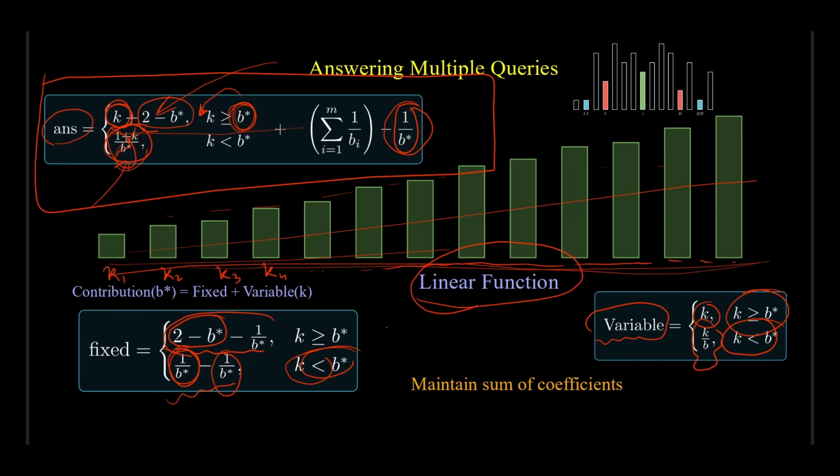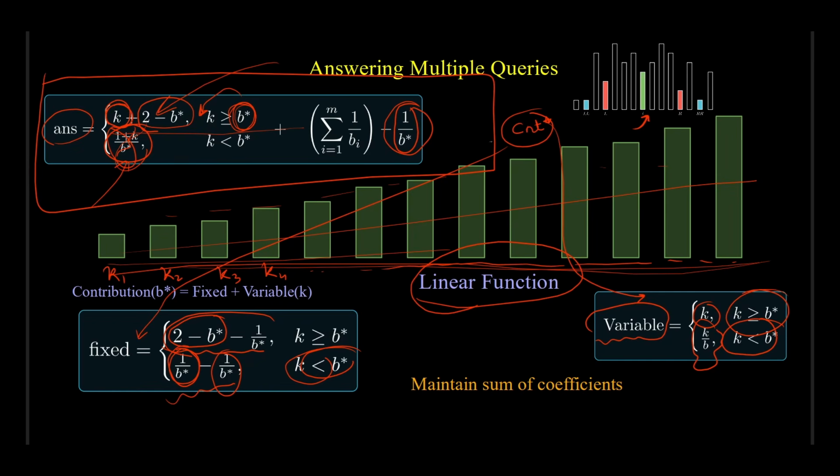Now if you are standing at this particular index i, and you are able to compute the number of subarrays in which this element will be the minima, suppose that number is count, then you know that the contribution of this element will be equal to count into this fixed part plus count into this variable part, right?